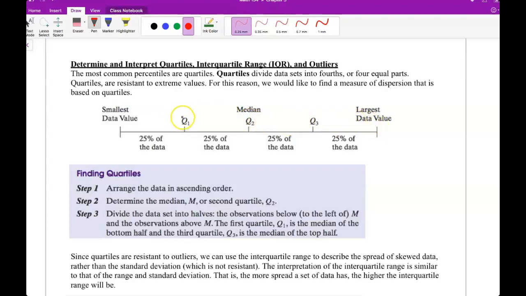So this Q1 is the median of the first half. And here Q3 is the median of the second half.